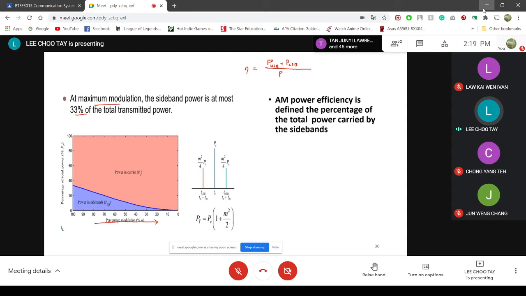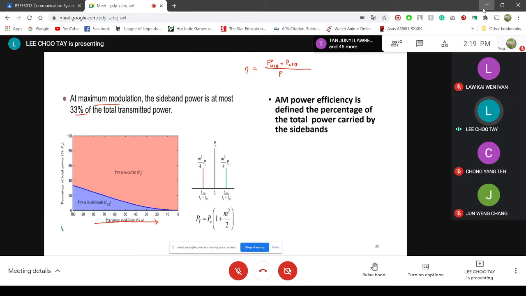Efficiency equals m squared over 2 plus m squared multiplied by 100%. Put in your 0.5: 0.5 squared over 2 plus 0.5 squared multiplied by 100%, and that will give you 11.1%.